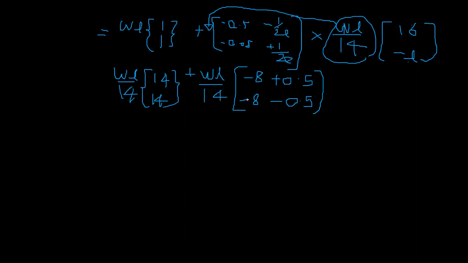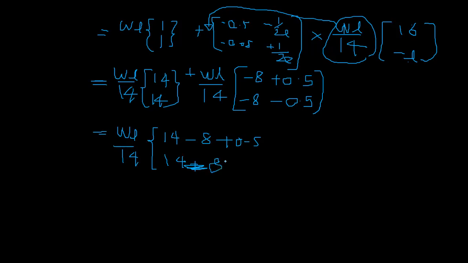And this is how much? So I can take all this WL over, so that is 14 minus 8 plus 0.5, 14 minus 8 minus 0.5.